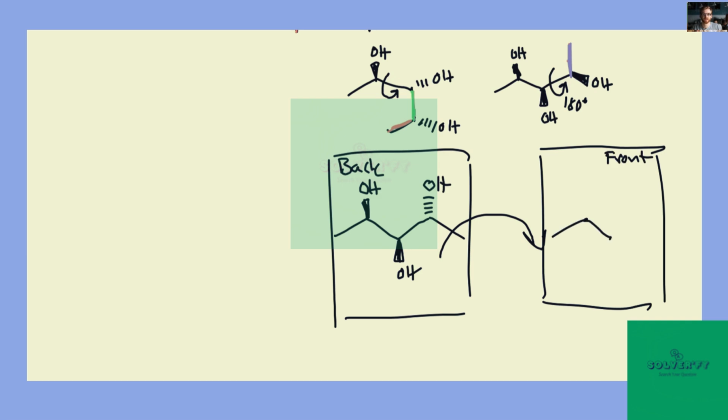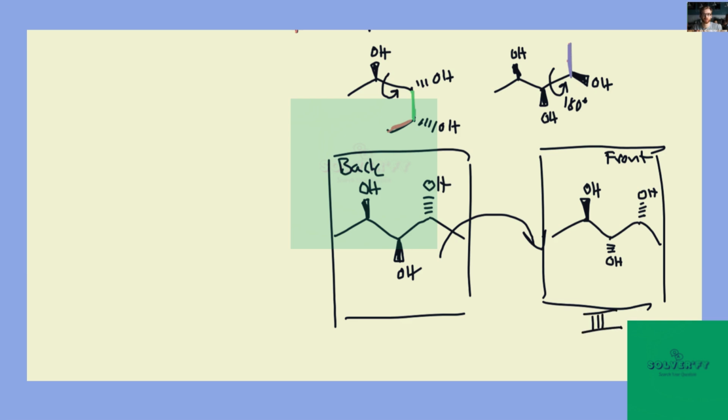What would have happened is that what was previously on the right and facing away from us would now be on the left and facing towards us. What was in the middle and facing towards us would now be in the middle and facing back. And what was on the left and facing towards us would now be on the right and facing away from us. And so we can see that this matches molecule 3.